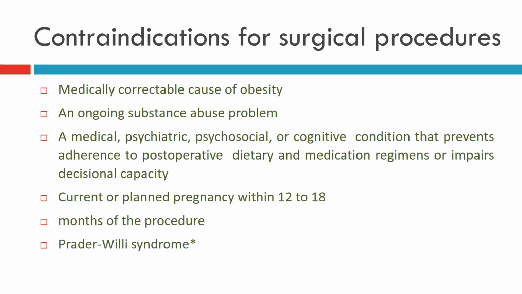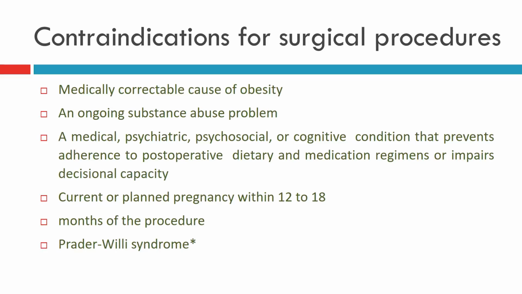Contraindications for the surgical procedure. Not every obese person can do the surgery; there are some contraindications. First is a medically correctable cause of the obesity. Second is an ongoing substance abuse problem.